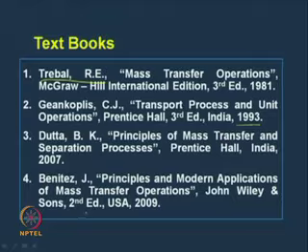Datta B.K., Principles of Mass Transfer and Separation Processes, Prentice Hall, India, 2007. Benitez, J., Principles and Modern Applications of Mass Transfer Operations, John Wiley and Sons, 2nd edition, USA, 2009. So, these are the 4 textbooks we will mainly follow.